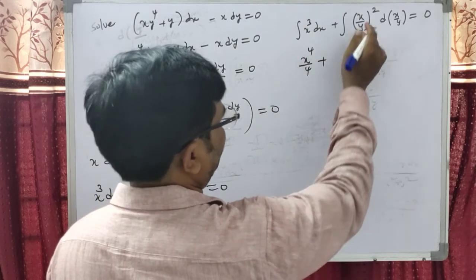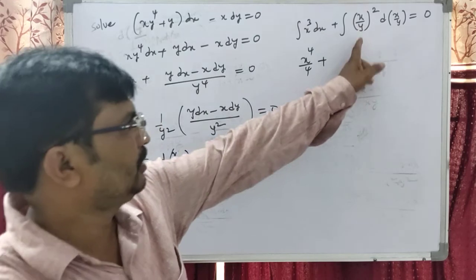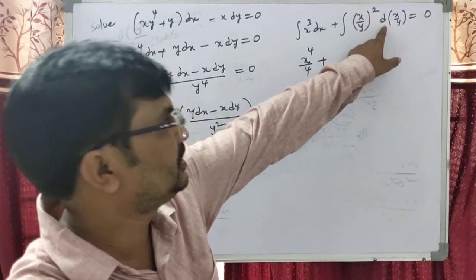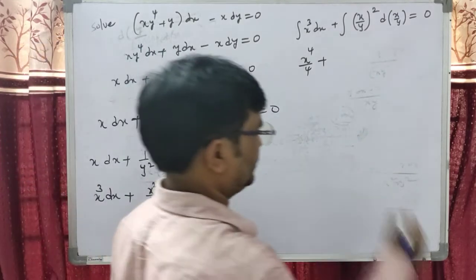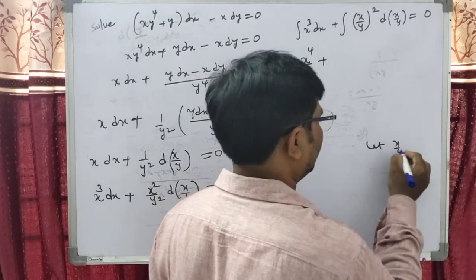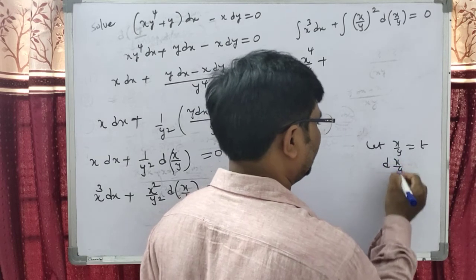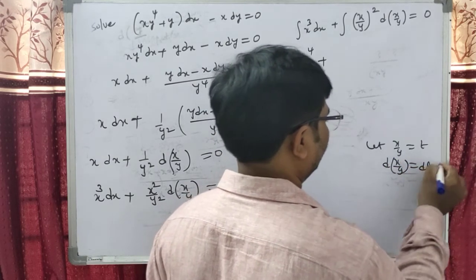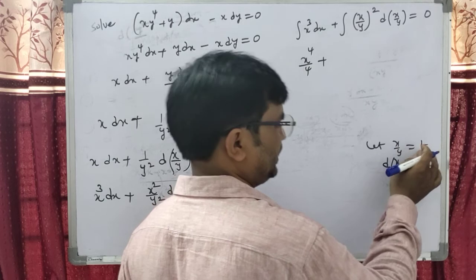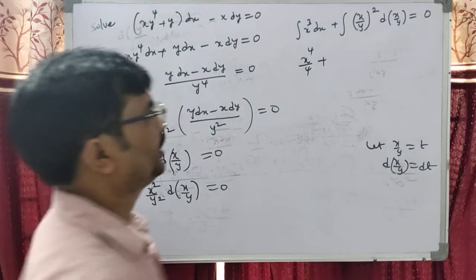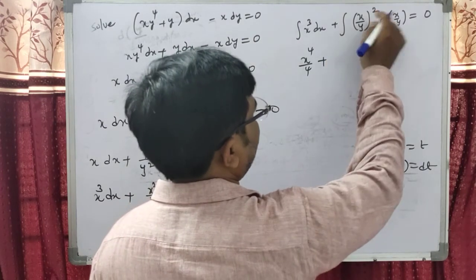In the rough work, we take t as x by y, so the derivative of x by y equals dt. So we can write t square dt.